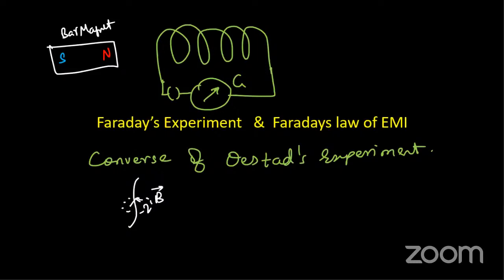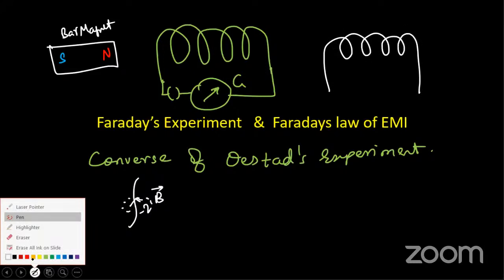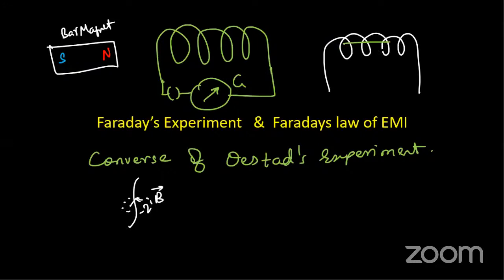So what was Faraday's idea? Faraday thought, if I keep a stationary magnetic field in the coil, it may give me some current. So he took the coil and kept the magnet inside it, with north and south pole.